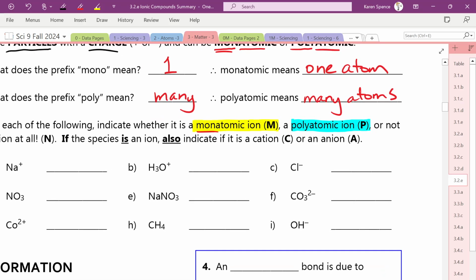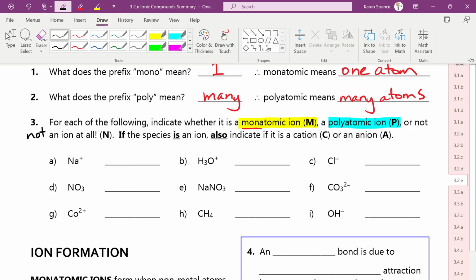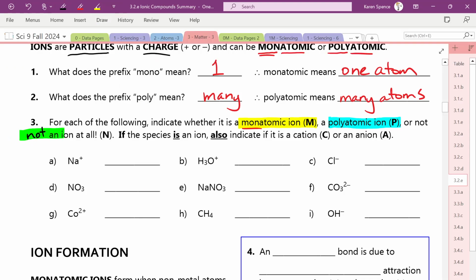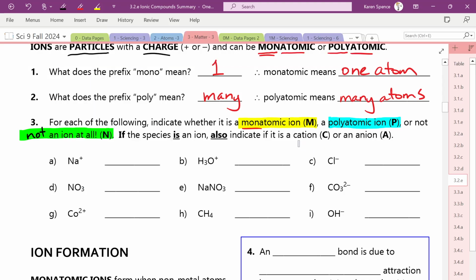And our third one is if it is not an ion at all, I'm going to put the not down here. If it is not an ion at all, you're going to label it N. Additionally, if it is an ion, you're going to decide, is it a cation or an anion?